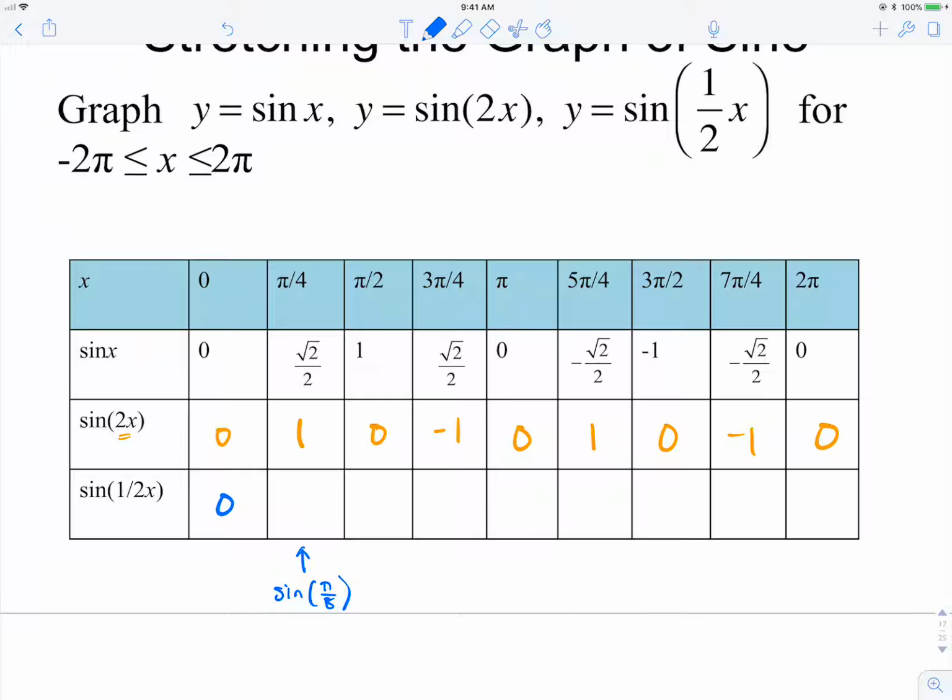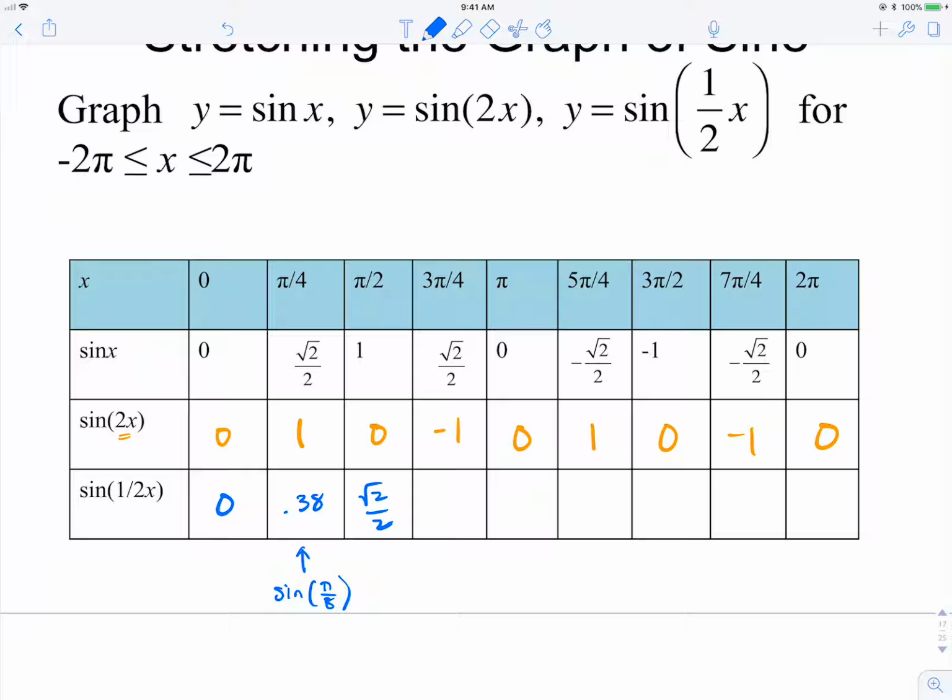I get approximately 0.38, just to help guide my graph. When I substitute pi over 2 in, that turns into sine of pi over 4, which we know is root 2 over 2. And then when we substitute 3 pi over 4, we end up with sine of 3 pi over 8.